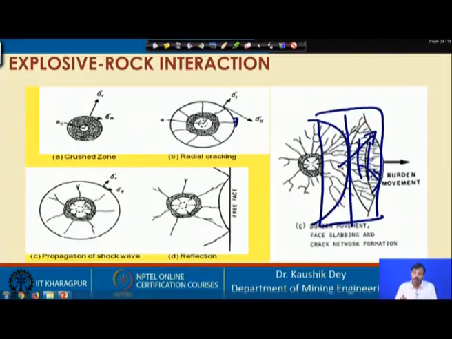So, we have to give some weak fragmented rock mass at this position. There should be some fragmented rock gathering at this position so that the generated gas can throw the fragmented rock in the front direction.